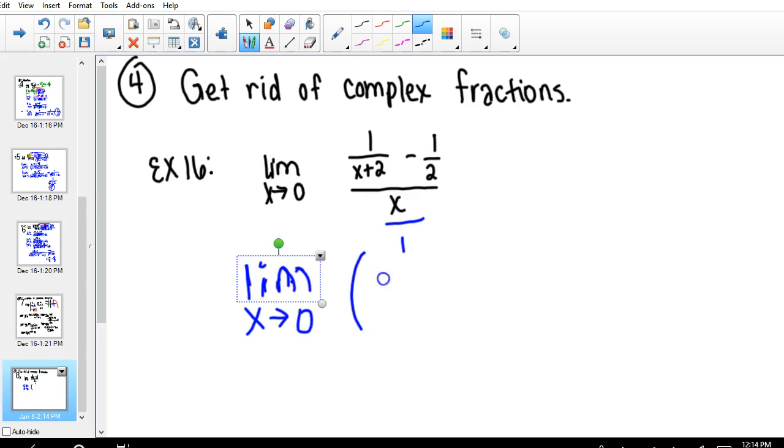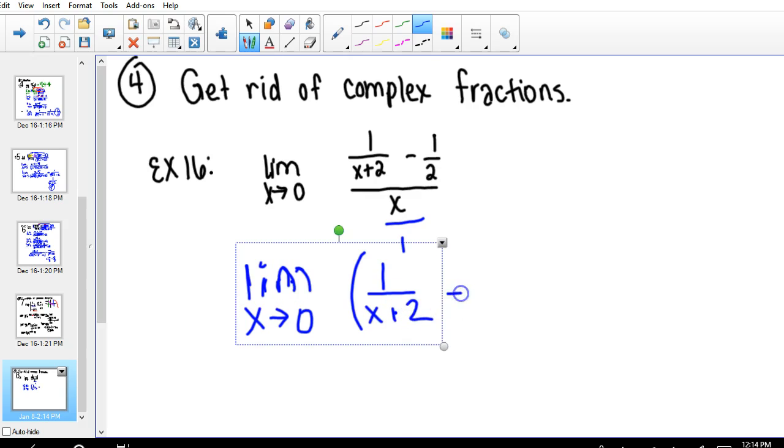So the top is 1 over x plus 2 minus 1 over 2. And then we would flip and multiply. So we'd multiply that by 1 over x. And then we'll distribute here.